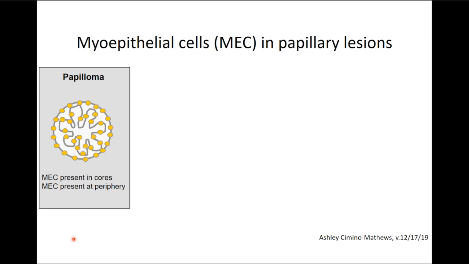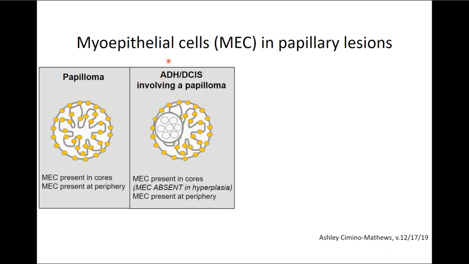Now, these benign intraductal papillomas can be involved by a wide range of benign and atypical proliferations, which we'll take a look at. Any manner of atypical hyperplasias, ADH, ALH, LCIS, DCIS, any manner of these atypical lesions can involve an underlying papilloma. Because it's an underlying papilloma, the base architecture maintains that same structure of the benign intraductal papilloma, and it maintains the myoepithelial cells in those fibrovascular cores and at the periphery of the lesion.